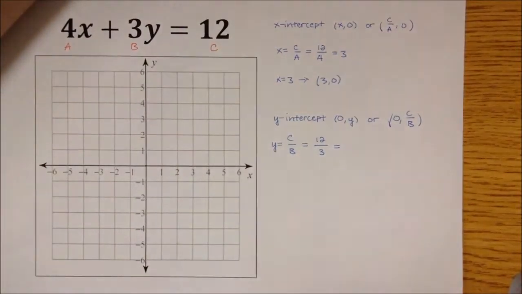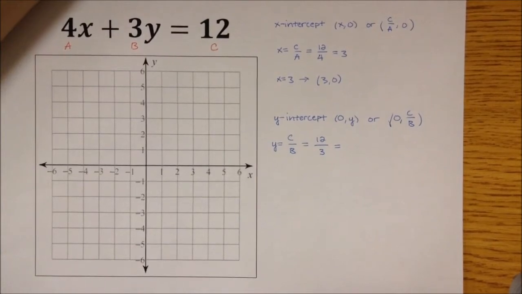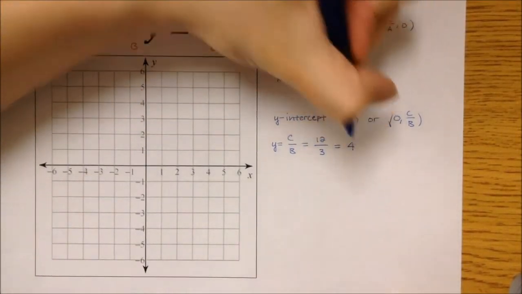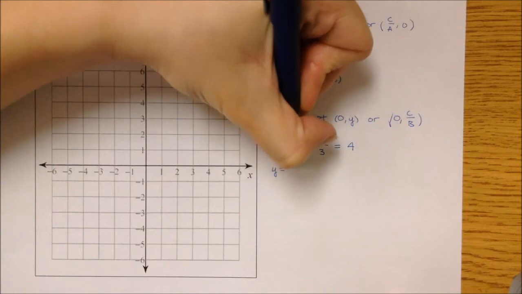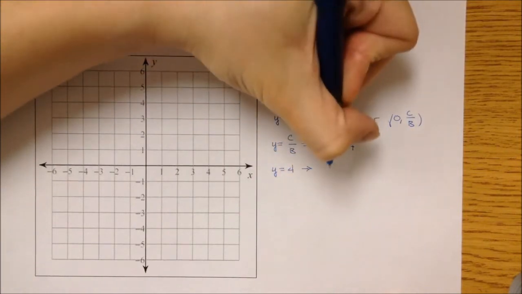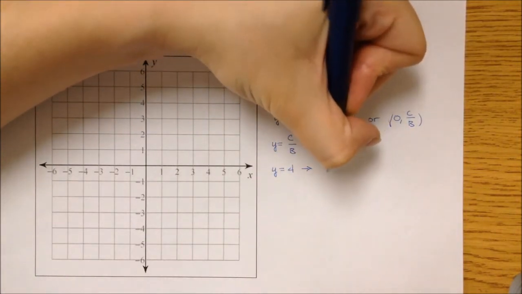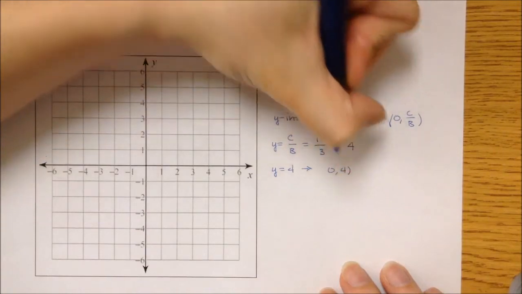Positive 12 divided by positive 3 is simply positive 4. So our y is equal to 4. Therefore, our coordinate point is 0, 4.